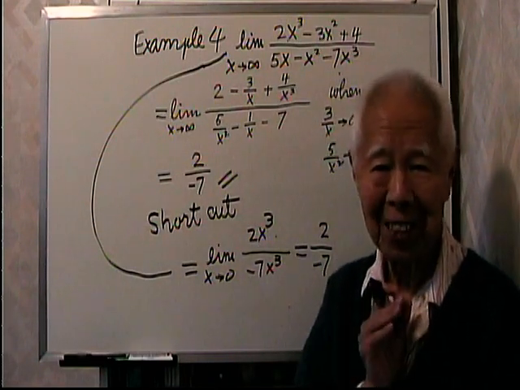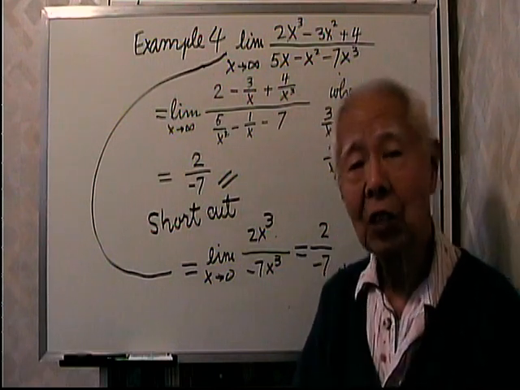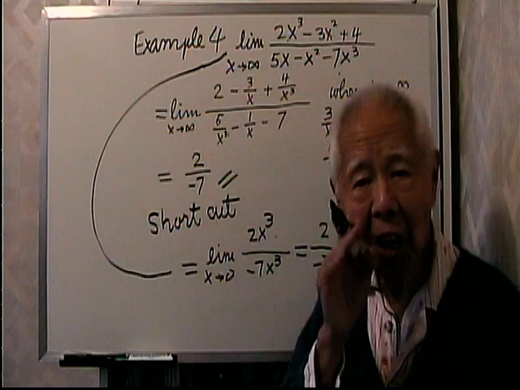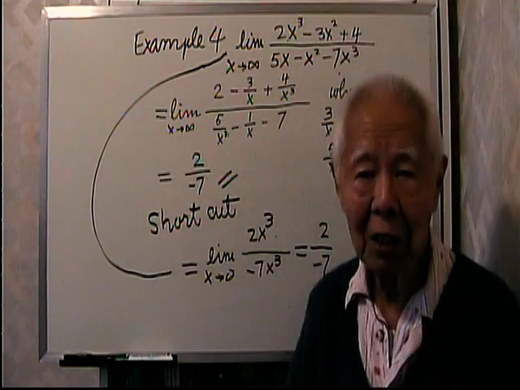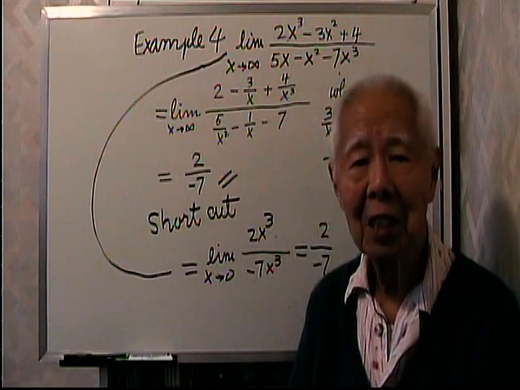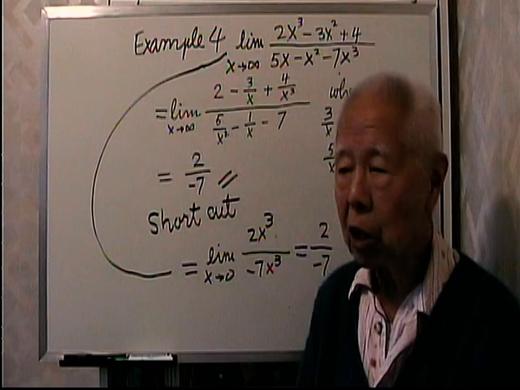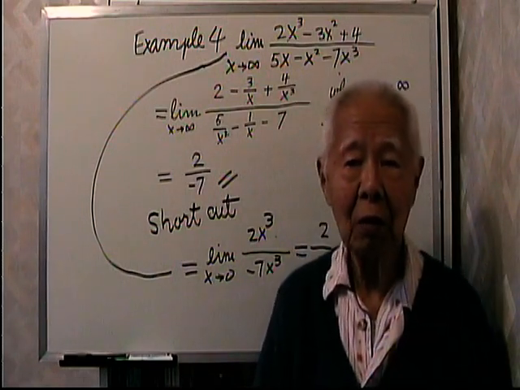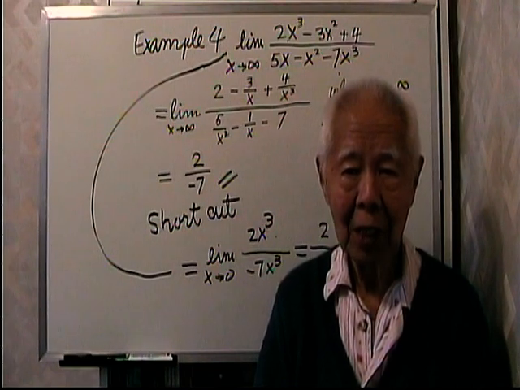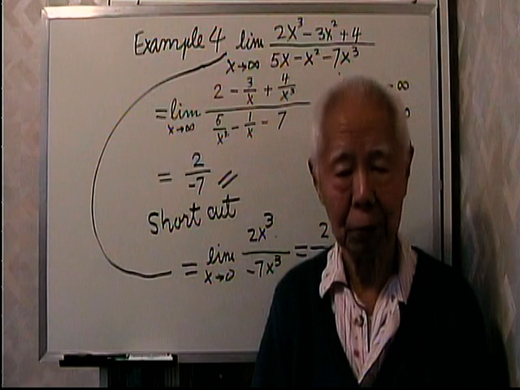Let me repeat. When your limit is x goes to infinity, then you keep only the largest term and then simplify the result. You got the final result very, very quickly. So this is today's lecture, how to do limit problems. And sometimes we just do direct substitution.